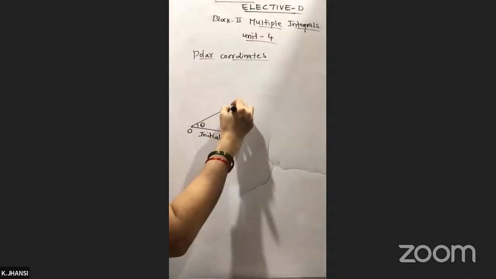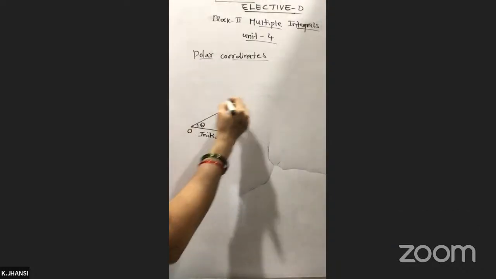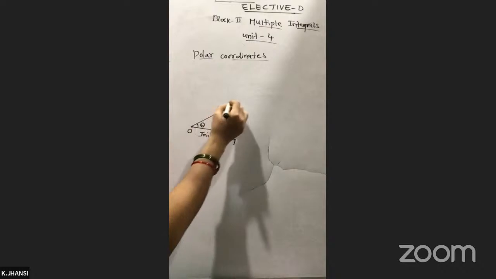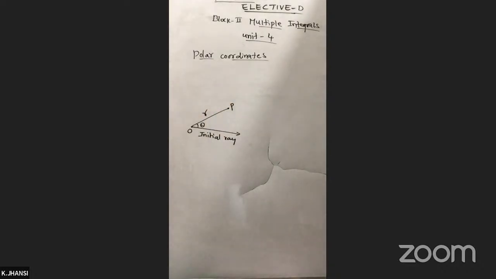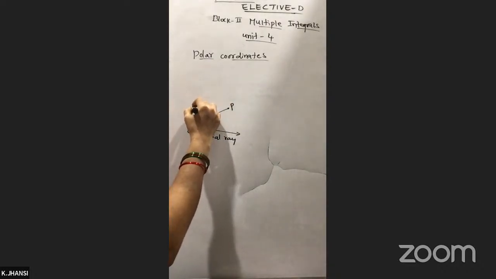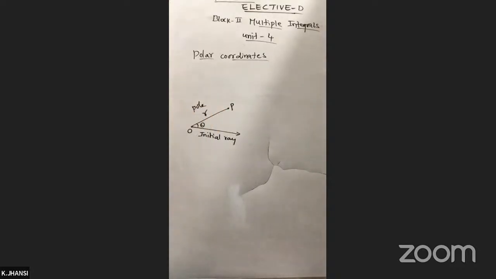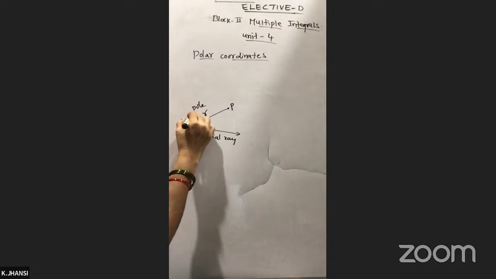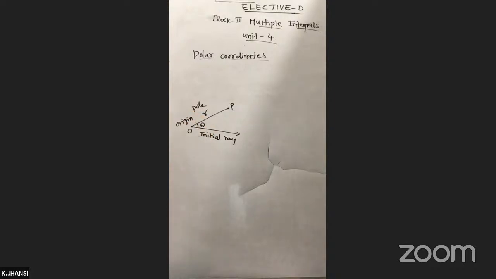This is the point, we call that point P. So the distance from O to P is r. O to P is called the pole. And whatever O is there, that is the origin.